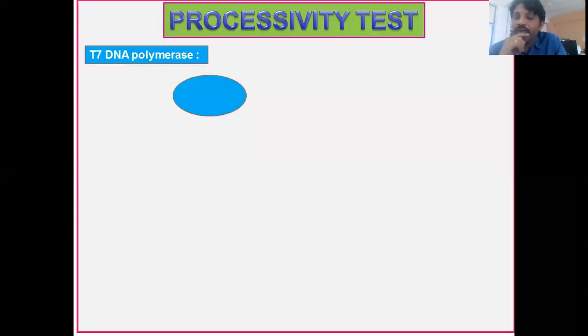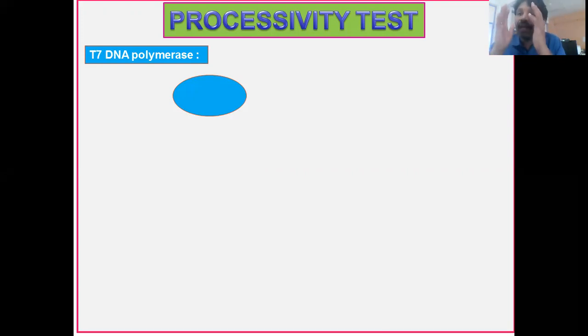So the greatness or special feature of the T7 DNA polymerase is that it has the highest processivity. What is processivity? Processivity means the number of nucleotides an enzyme adds before dissociating from the primer and template complex.